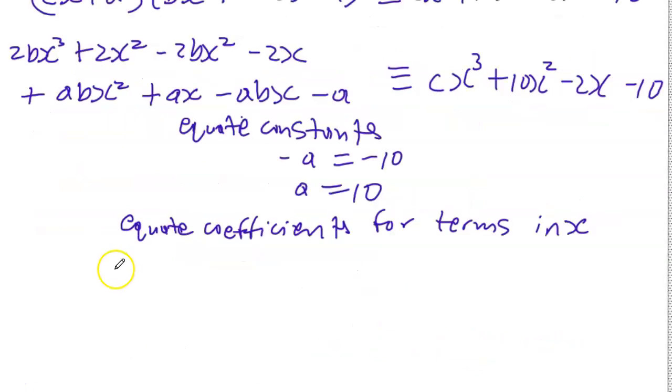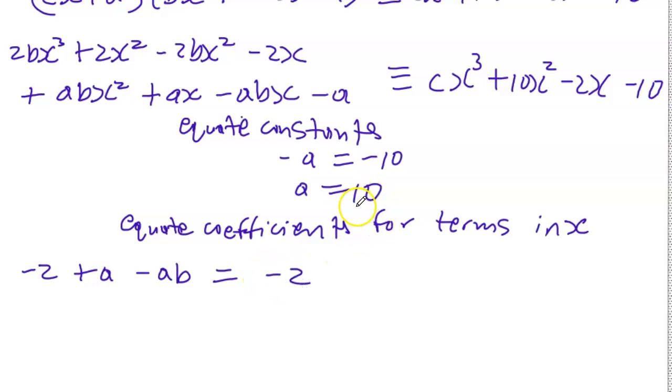So now notice the terms in x. On the left hand side, there's minus 2x. There's a, there's minus AB. And the term in x on the right hand side is just minus 2.